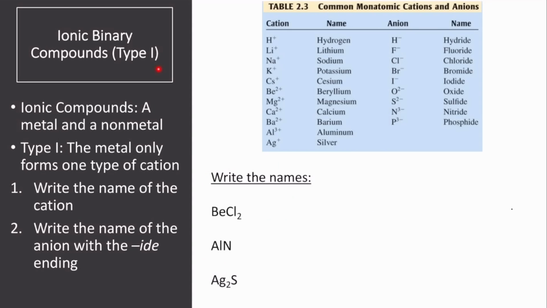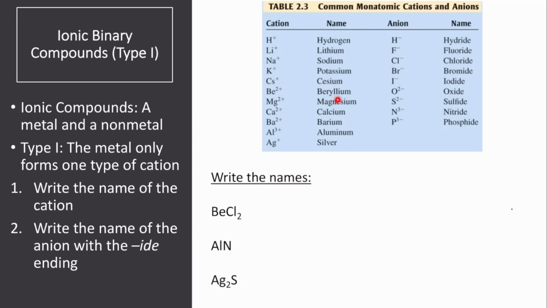Let's write some names of type 1 ionic binary compounds. We have three examples here. The first one is beryllium and chlorine. The instructions say to write the name of the cation. Beryllium is listed as one of the cations with one type of charge.